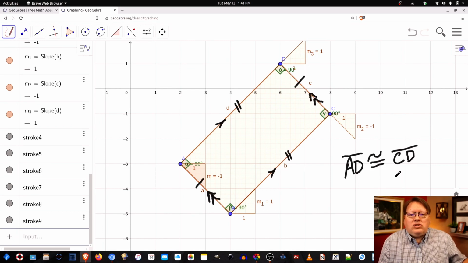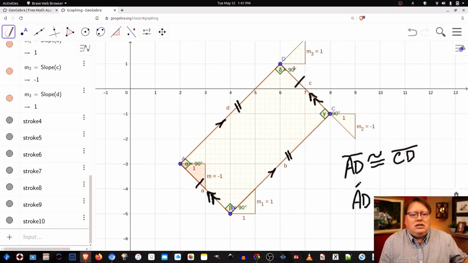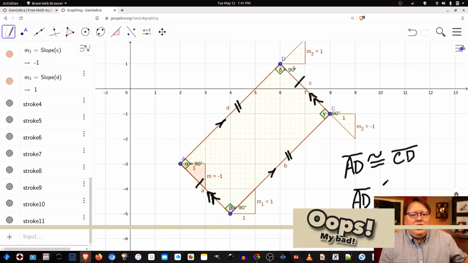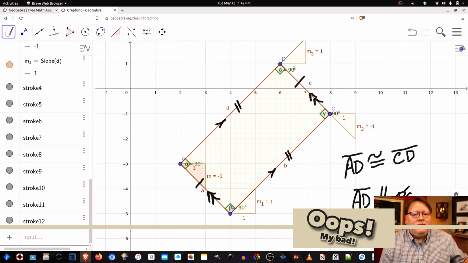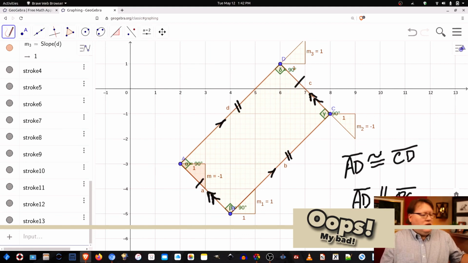I can also say that segment AD is parallel to, and I use the little parallel symbol, side BC. And in like turn, I could say segment AB is also parallel to side CD. And that's the official way of writing that.